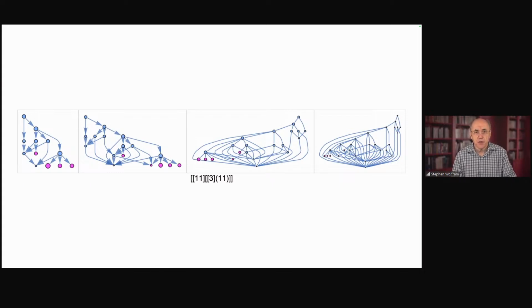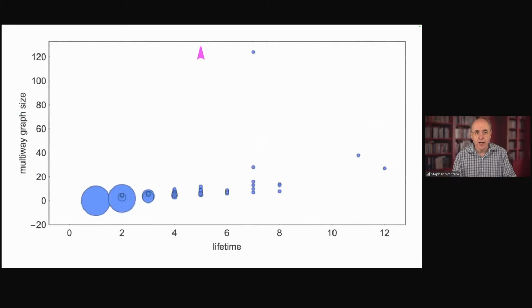So here's a plot of the size of the multi-way graph versus the lifetime for all finite lifetime size 8 lambdas. In orbit, the one case that we talked about before, indicated here with that pink arrow, the multi-way graphs are of finite size, and we see some correlation between the size of the multi-way graph and the lifetime obtained with our standard evaluation process.